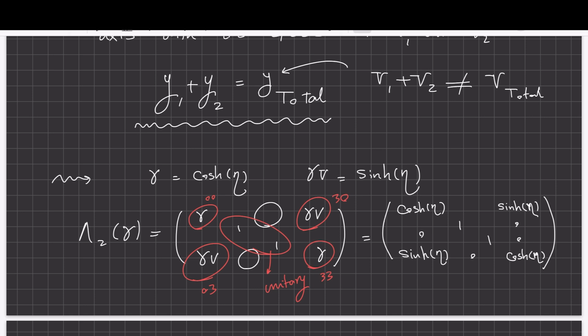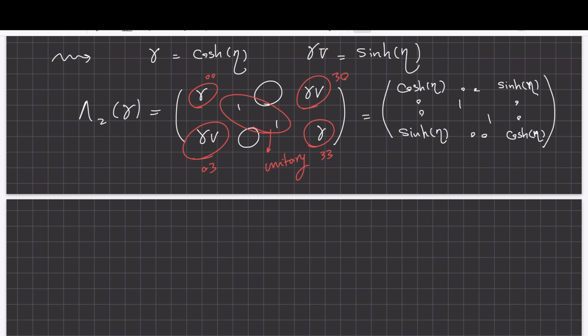So that's basically a way that we can write down this lambda matrix, that it is additive under eta. So if you multiply these two matrices, you're going to get some additive parameter with respect to the rapidity.